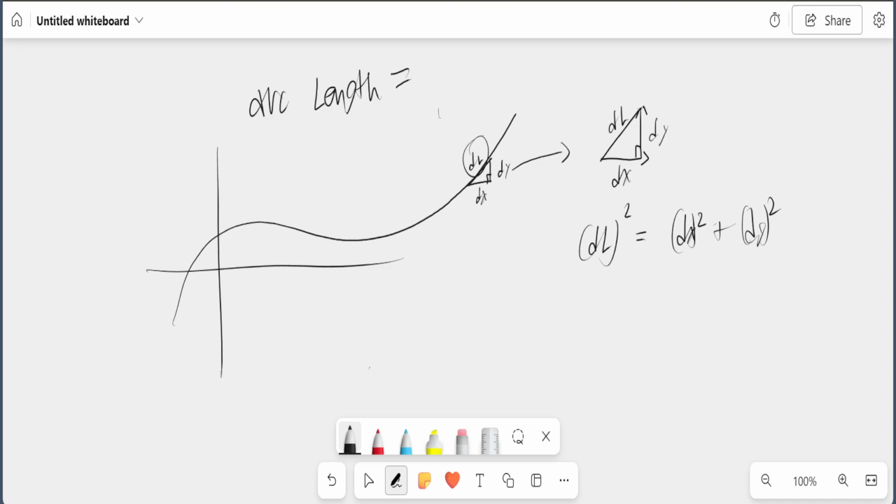So arc length is equal to the infinite sum, or integral, the integral of dl, right? And that gives us L. I guess another thing you could add to the drawing is L.